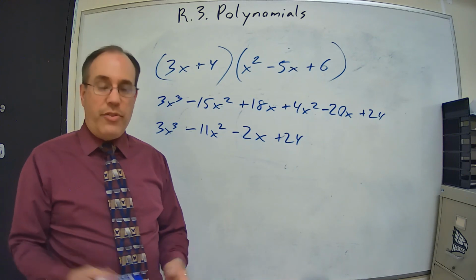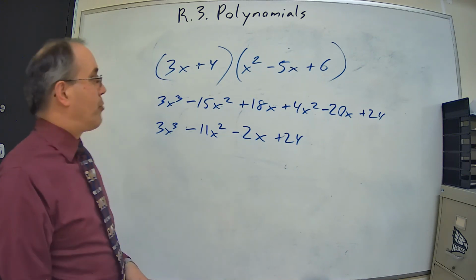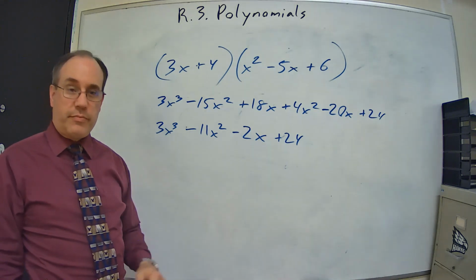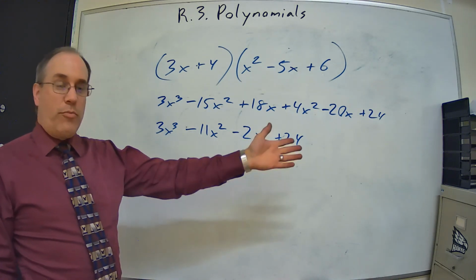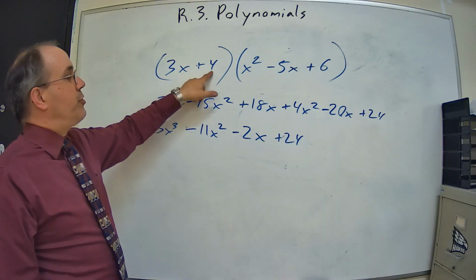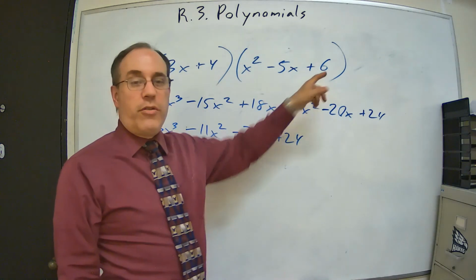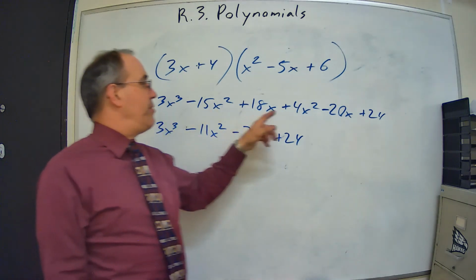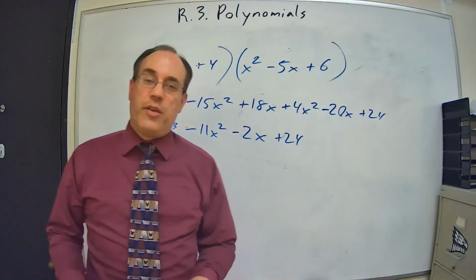The other thing you can do is realize that the product of the number of terms will tell you how many terms you should have once you've multiplied through. Here I have 1, 2 terms. I have 1, 2, 3 terms. 2 times 3 is 6. So I should have 1, 2, 3, 4, 5, 6 terms when I'm done multiplying.